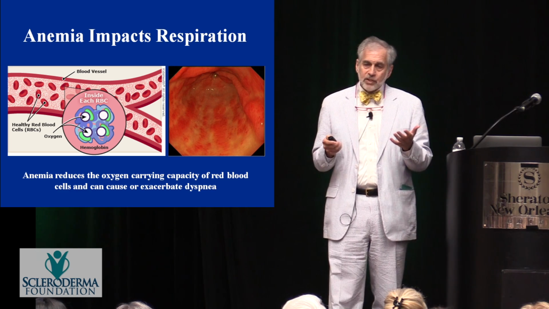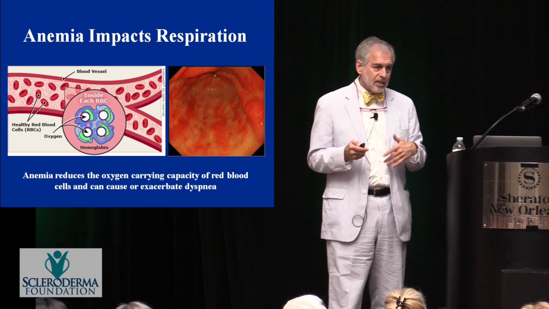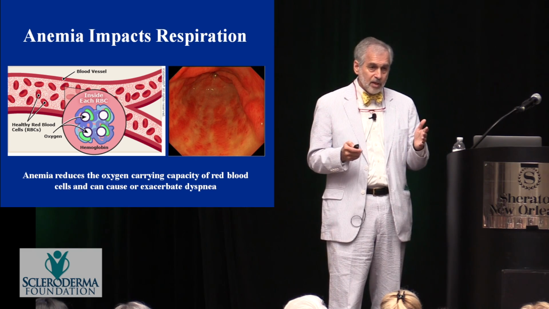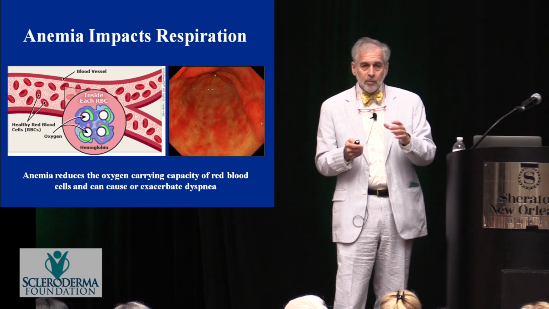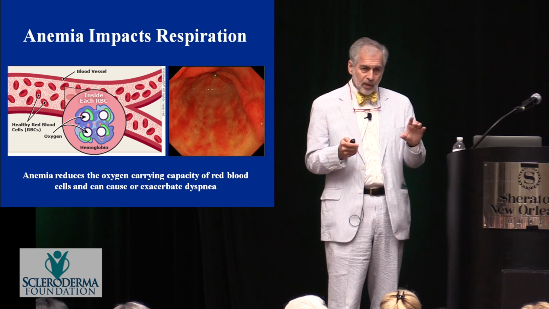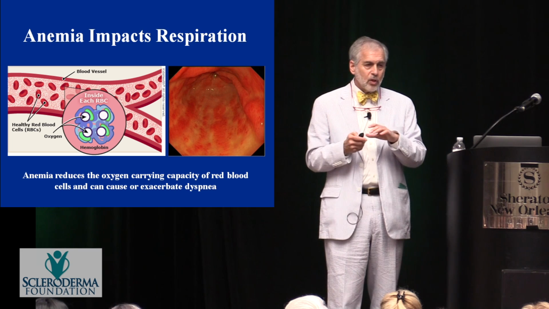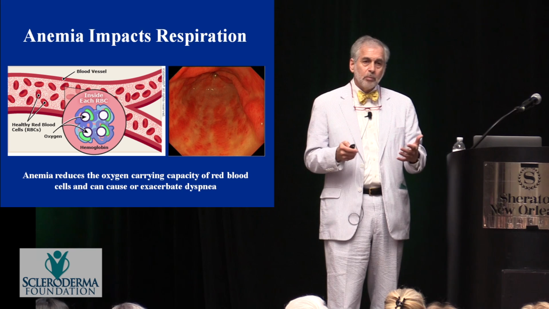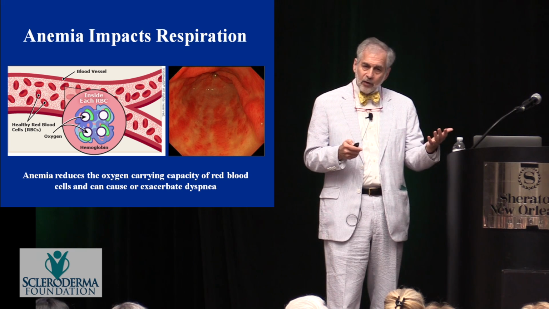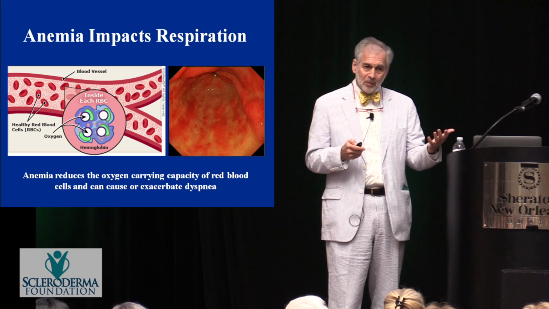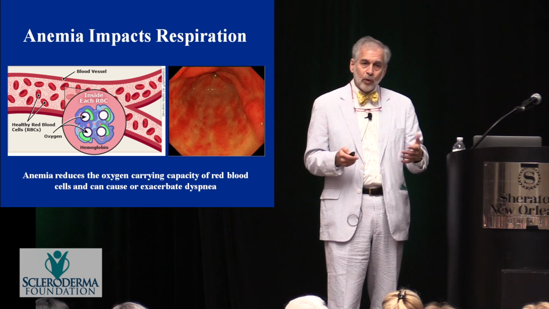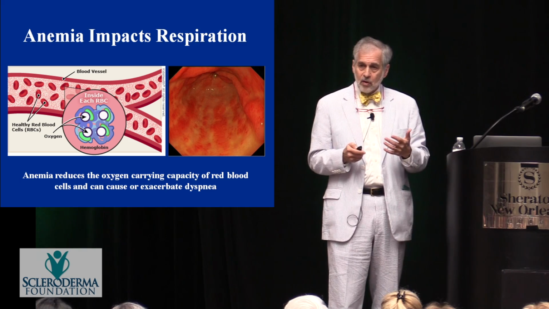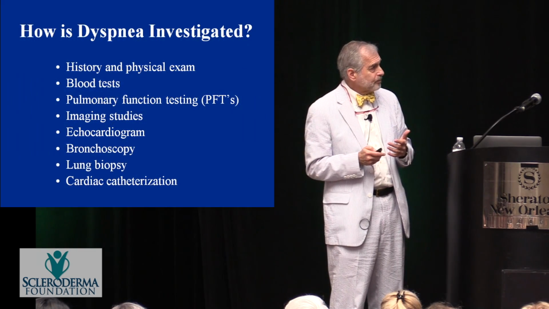So, for example, somebody might have esophagitis and they may have low-grade, intermittent bleeding, or they might have what we call watermelon stomach, where the blood vessels in the stomach and elsewhere throughout the intestinal tract kind of ooze blood, and it happens so slowly you don't notice it until you become anemic and you can't carry enough oxygen in your hemoglobin and you become short of breath, or your shortness of breath worsens. So anemia is another cause for shortness of breath.